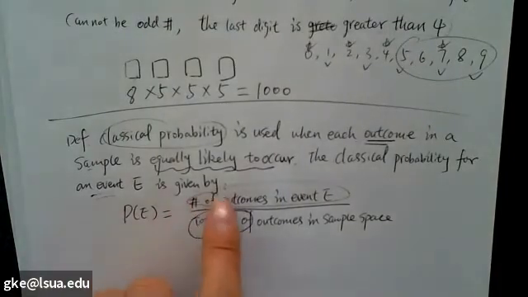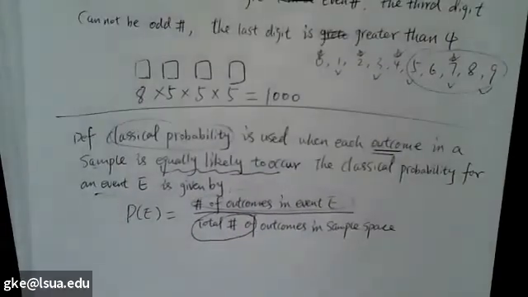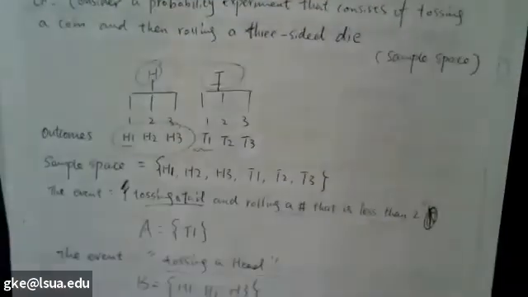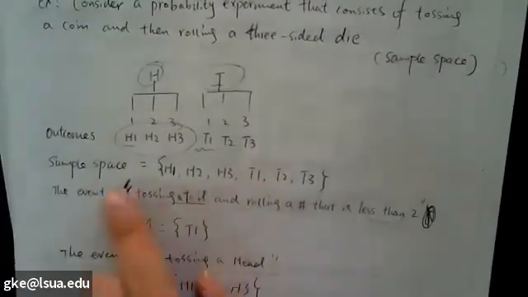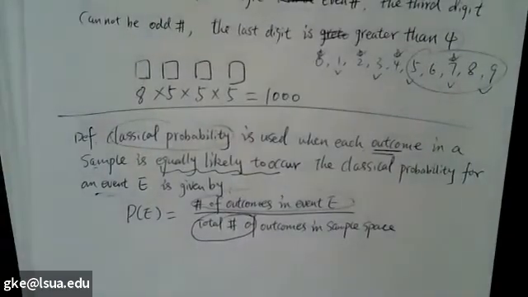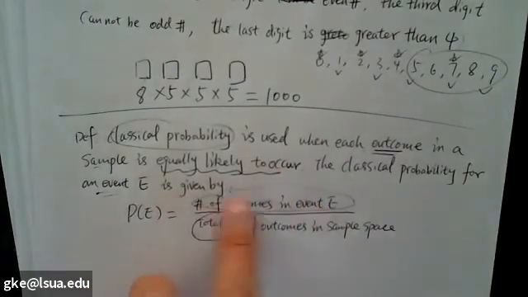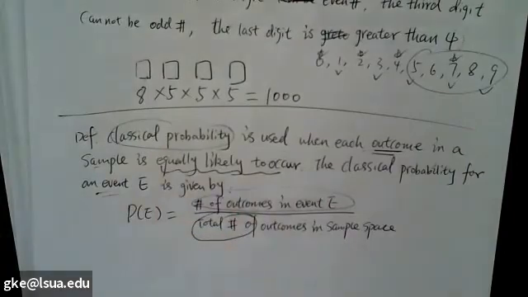In the last class, we already mentioned how to construct a sample space. Today, we're going to use this concept to calculate the classical probability.